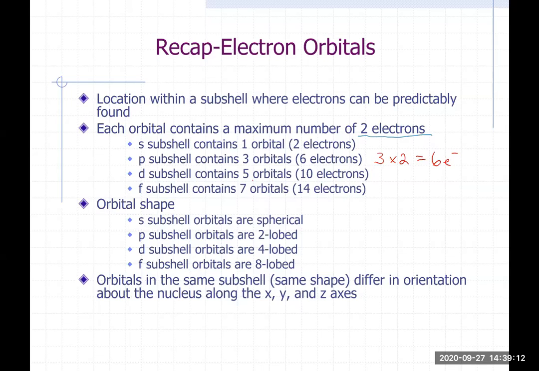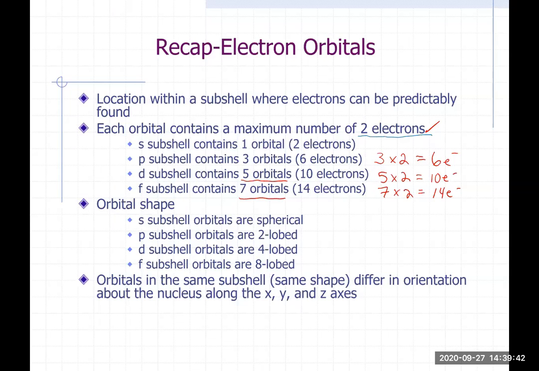D contains 5 orbitals, and so that is 5 orbitals times 2 electrons maximal in each of those orbitals, which gives us a total of 10 electrons in D. F subshell contains 7 orbitals, so that is 7 orbitals, and again, a maximum of 2 electrons in each of those orbitals, which gives us a total maximum of 14 electrons in F orbitals.